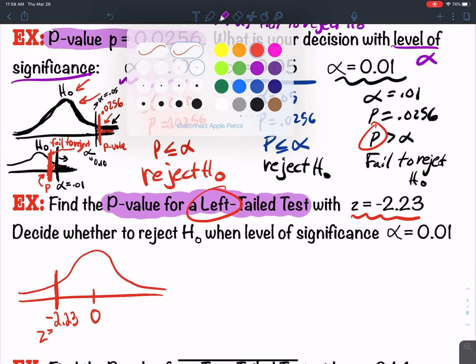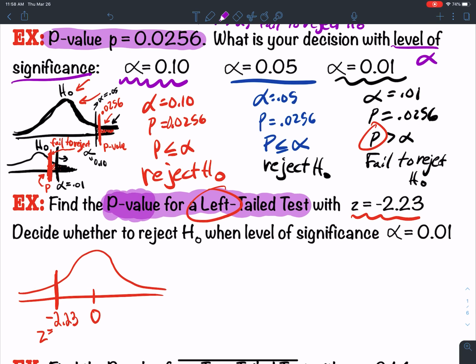If you'll remember the definition for P value, it's the probability of finding a statistic as extreme or more extreme. So as extreme or even further extreme from this assumed mean, right? So what is that? That's the shaded area right here.